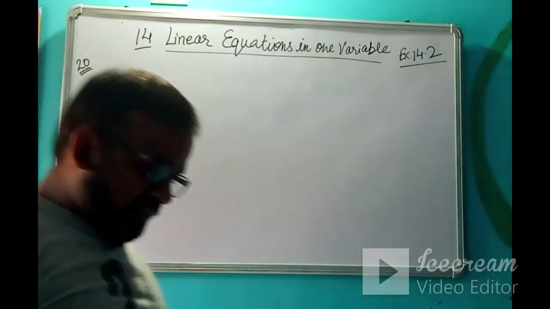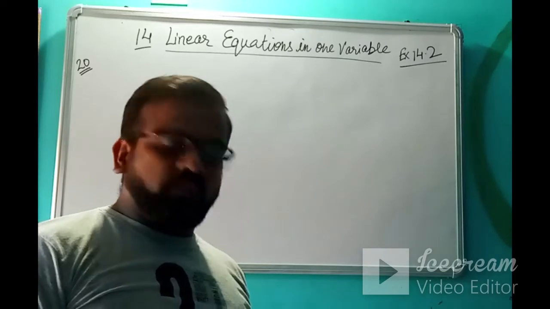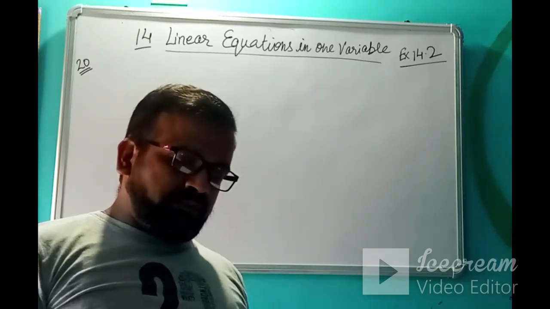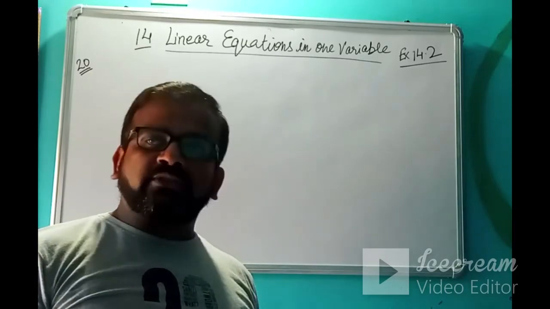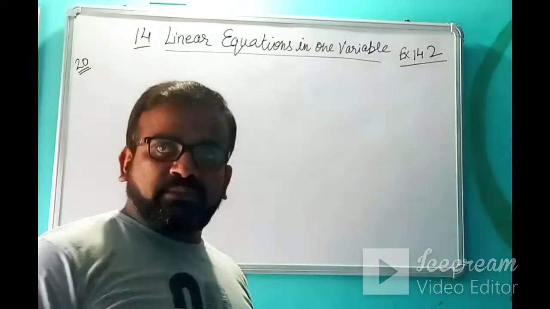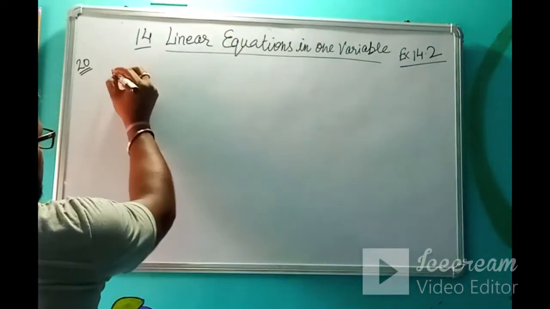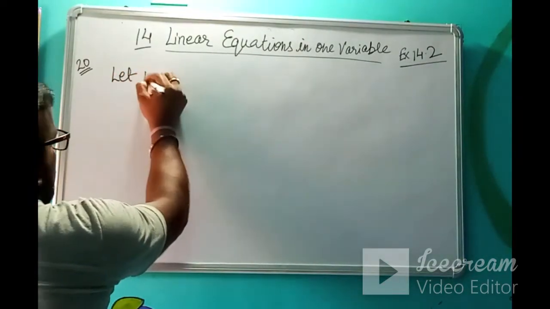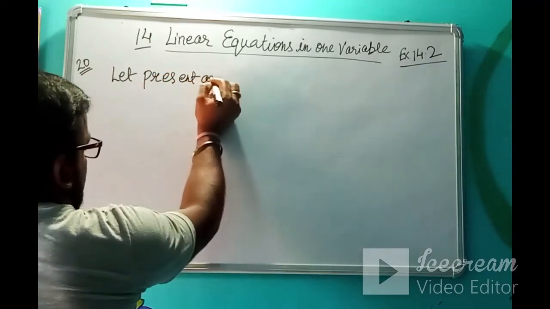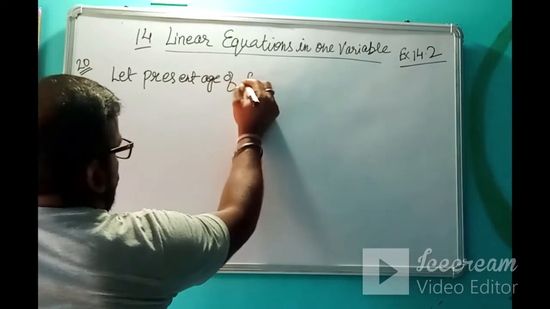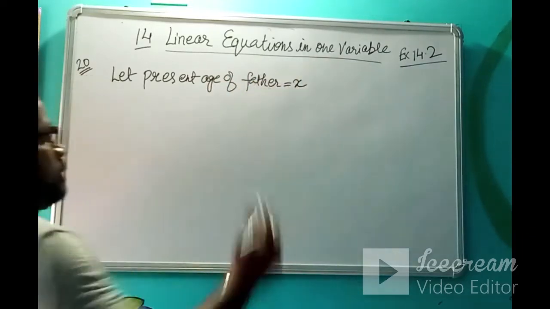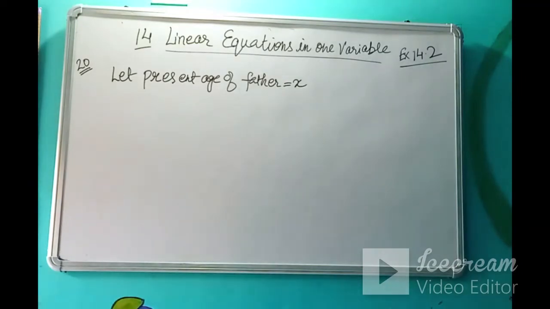In this it is given that a boy is now 1/3 as old as his father. After 12 years he will be half as old as his father. So find their present ages. So what we will do, we will let the present age of father equal to x.